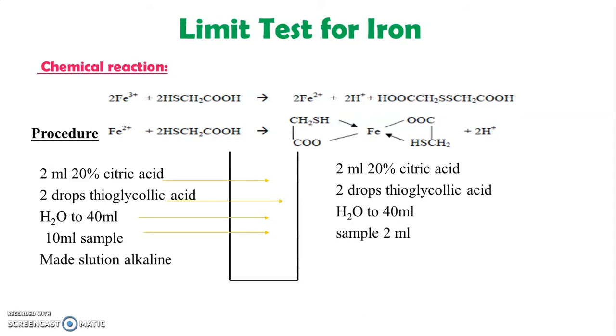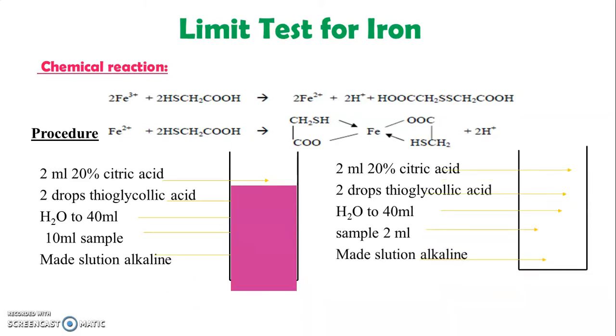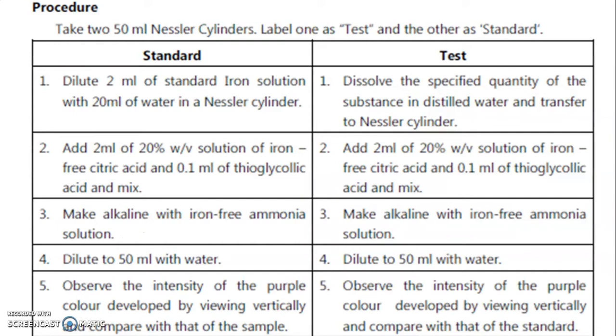With a similar procedure, instead of the sample, we take a standard iron solution in the standard, and we follow the same procedure. We will get the observation that it produces a pink color, and we have to compare the intensity of pink color produced in the test solution with that of the standard.